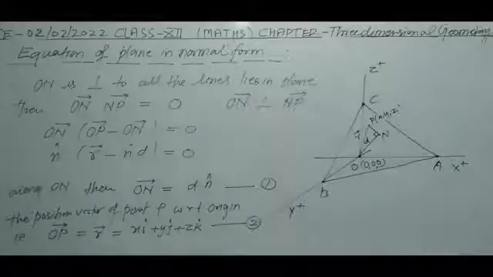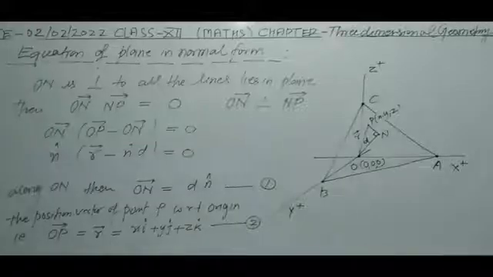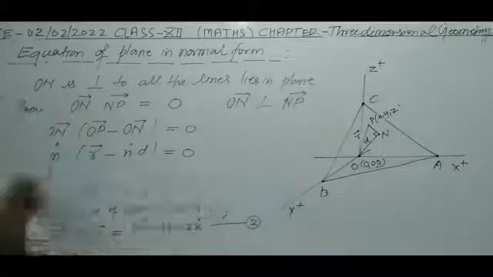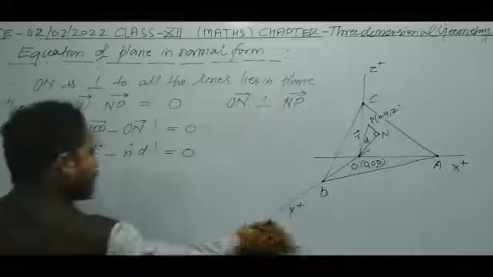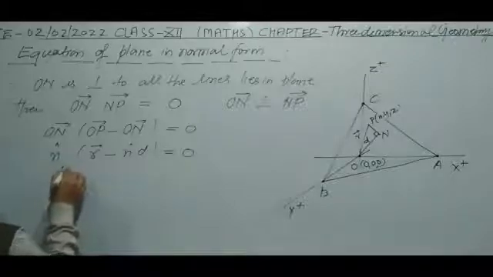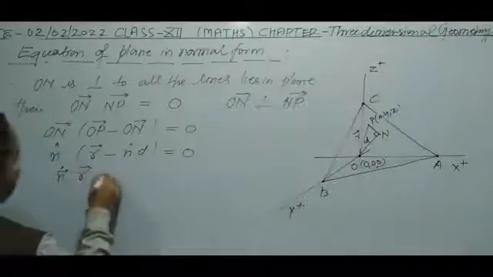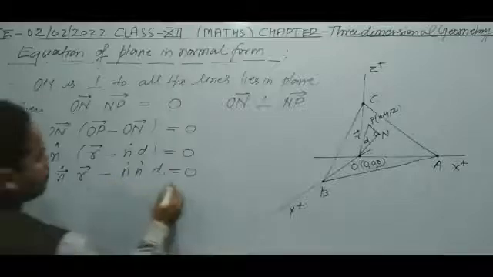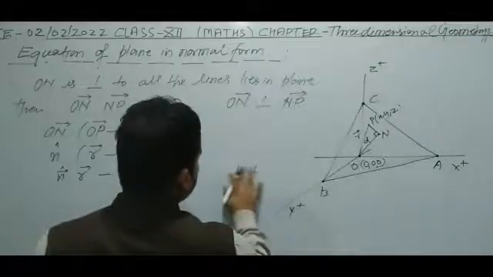N dot D. So this one we can write, means vector N unit vector, or R minus N dot N vector into D is equal to 0, and I dot I not cross is equal to 1.